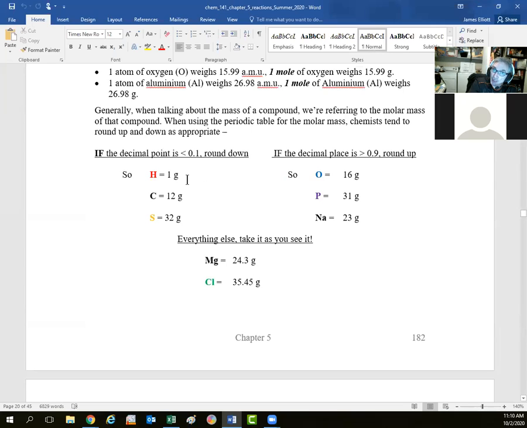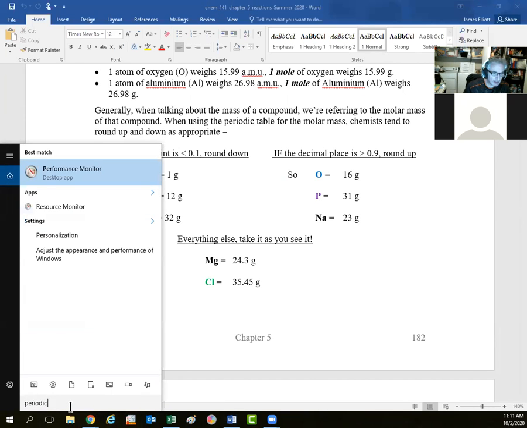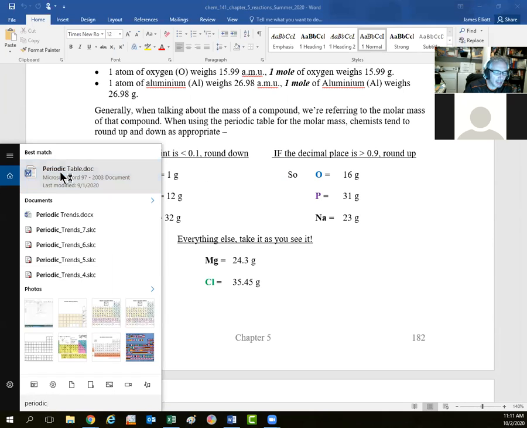And so we just round down to 1. Carbon is 12.011 grams, less than 0.1 of a difference. So we round down to 12. Sulfur is 32 point something. Let me check. I can't remember offhand what sulfur comes out as.